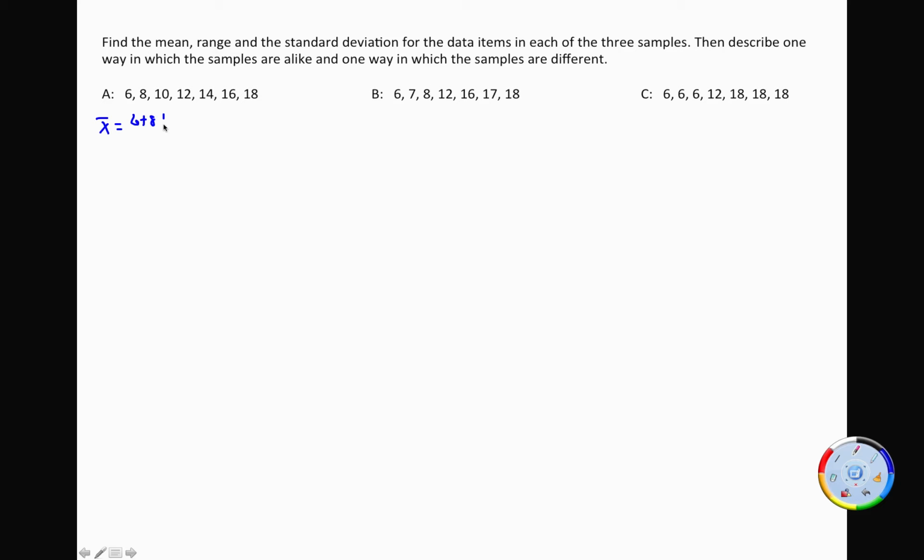6 plus 8 plus 10 plus 12 plus 14 plus 16 plus 18, and divide by 1, 2, 3, 4, 5, 6, 7. Okay, let's do that.